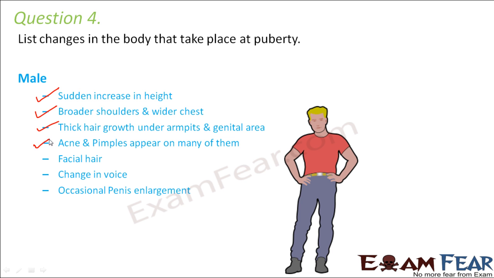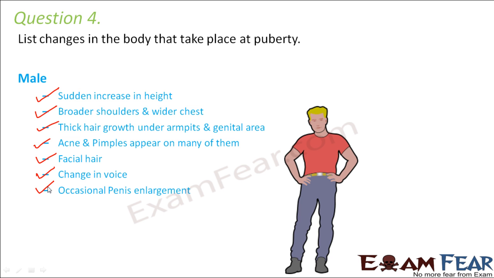For some people, there are pimples and acne on their face, and facial hair in the form of beards and mustaches. The voice becomes very hoarse. That happens due to the growth of the voice box, that is the larynx, which is often seen from outside as the Adam's apple. There is occasional penis enlargement, so the penis gets stimulated sometimes, which in turn leads to the release of the sperms.